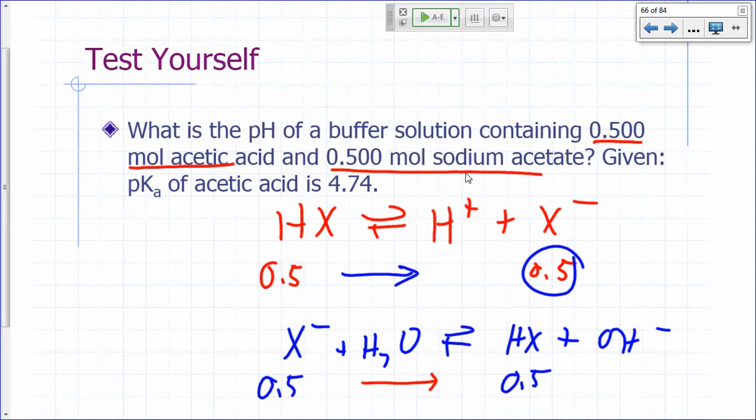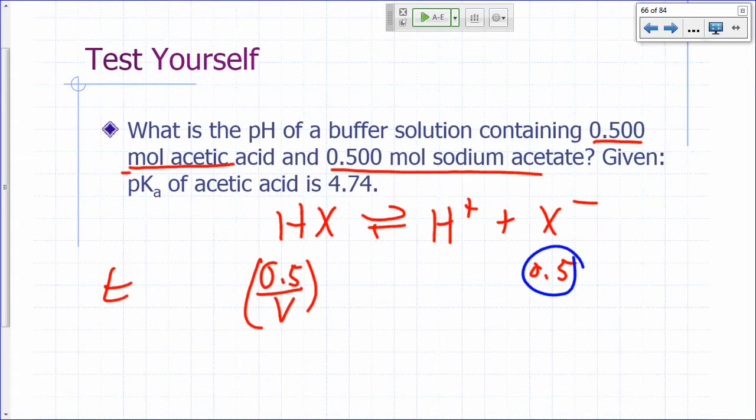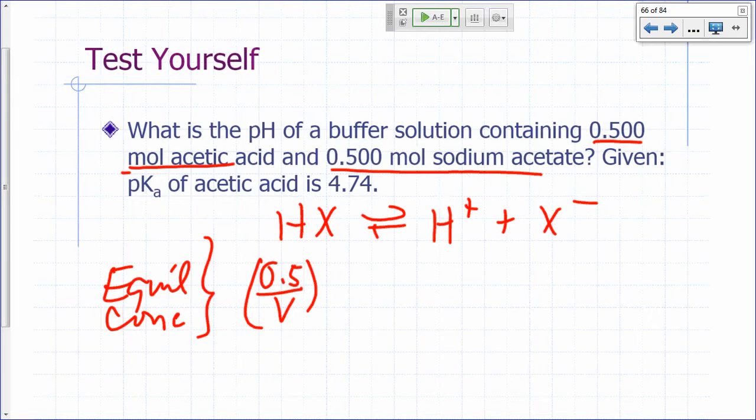So to solve this problem is fairly simple. The actual concentration is going to be 0.5 over whatever the volume is, since you're given the moles, so you have to get concentration. So your equilibrium concentration is going to be 0.5 over V for acetic acid, HC2H3O2, and for sodium acetate, the conjugate base, acetate, C2H3O2 negative.